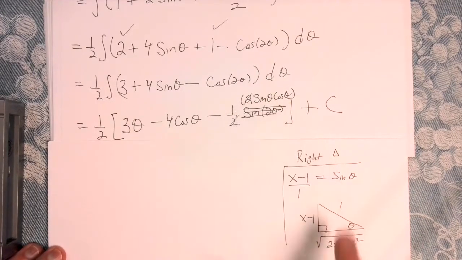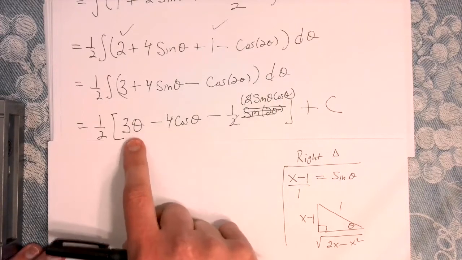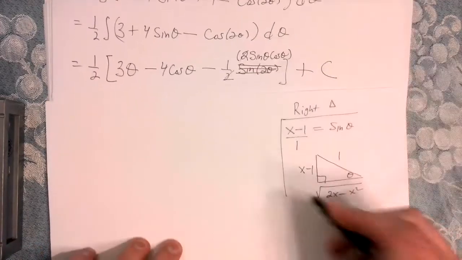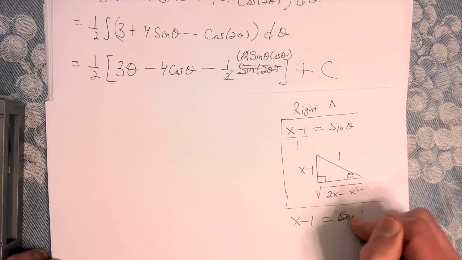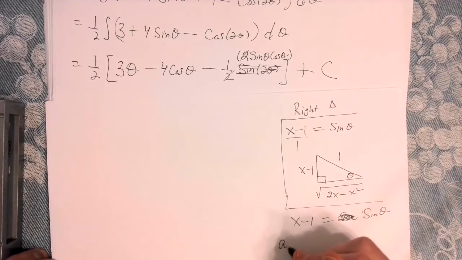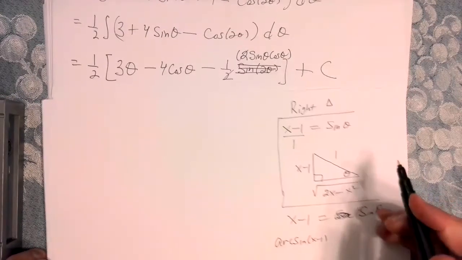This triangle will now help here and here, but it won't help here. So how do I get rid of that 3 theta business? No problem. To get my hands on theta, I just take the arc sine, the inverse sine of both sides, because that's the function that will cancel out sine so we can get our hands on theta.